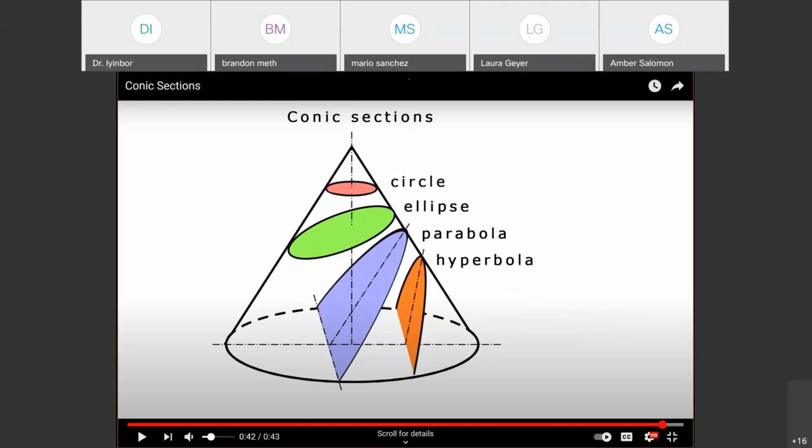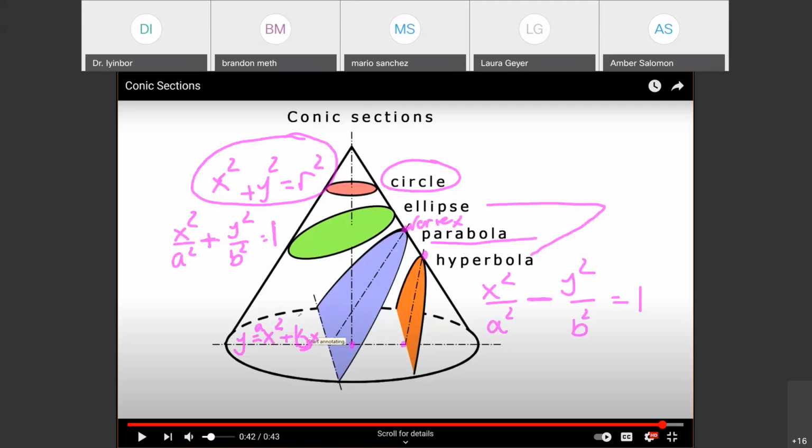So these are the equations for all the different conic sections. We have parabola, ellipse, hyperbola, and circle. So now we're going to go over circle. Okay? So let's do that.